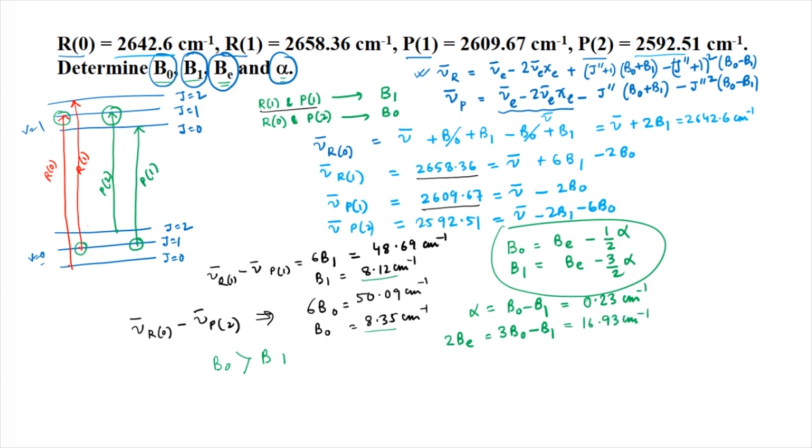So, from here we can write B e equals 8.47 wave numbers. This B e, as we discussed, is the hypothetical rotational constant at the bottom of the potential energy well, and so the value of B e is larger than both B 0 and B 1.